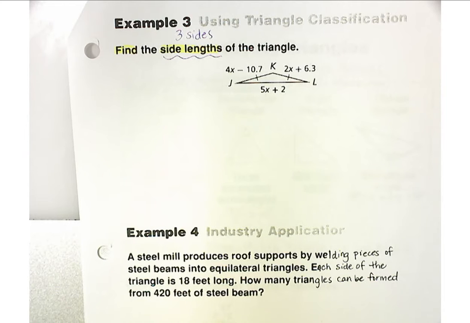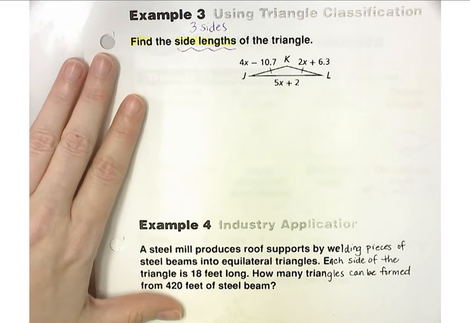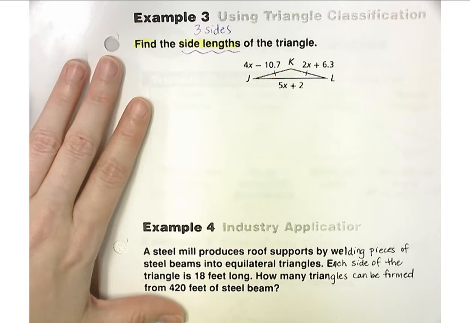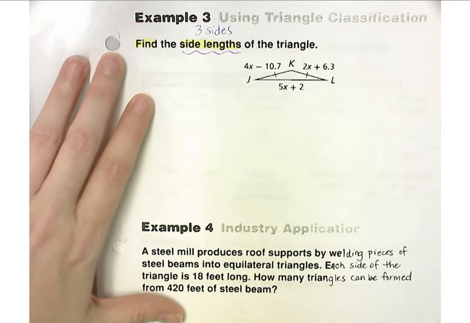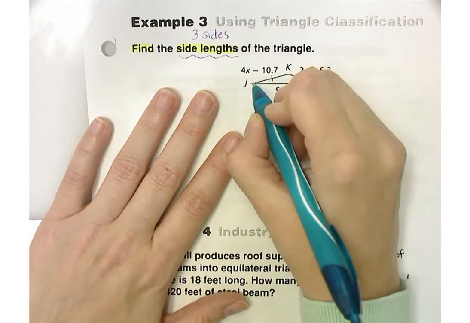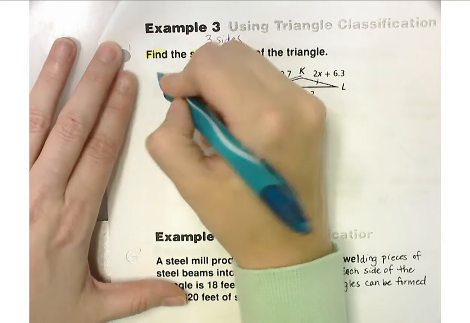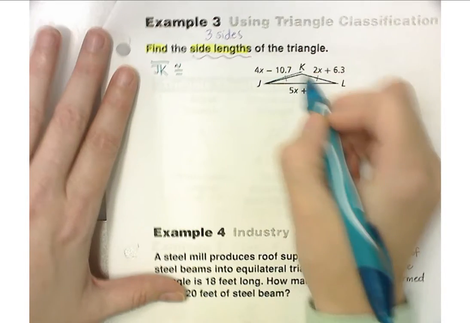When you name the side, tell me with the 2 points. Sorry, will you say it again? I just couldn't hear you. 4x minus 10.7. Okay, yep, so then this side would be JK. And then that would be congruent to what side, Christina?